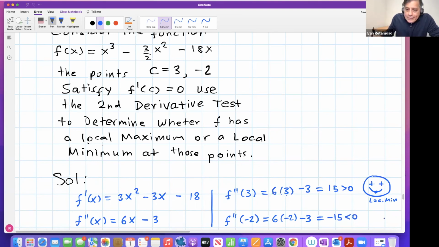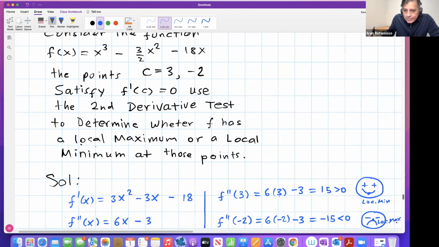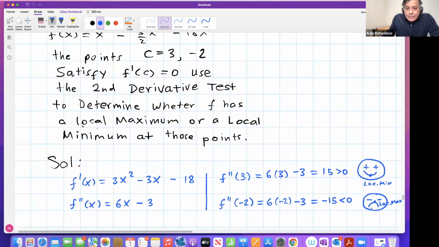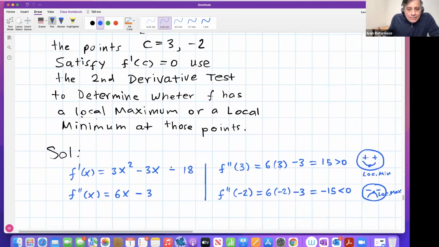If the second derivative is negative, remember, it resembles the mouth of a frown face. So clearly I'm talking about a local max. Very good. So as simple as that, guys, you can use the second derivative to check that. It's a nice test.